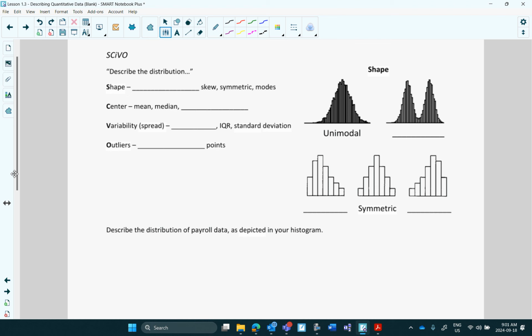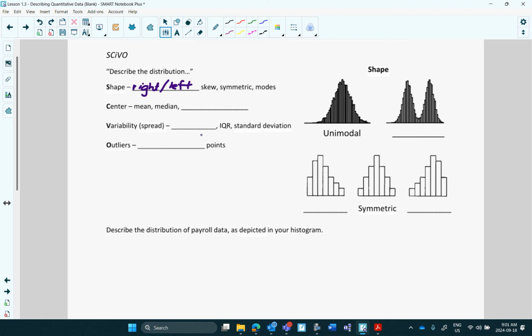So, remember the shape is either going to have a left skew, or a right skew, or it's going to be roughly symmetric. Modes just mean how many peaks there are. Unimodal means that there's one peak, and you look at the graph. Okay.